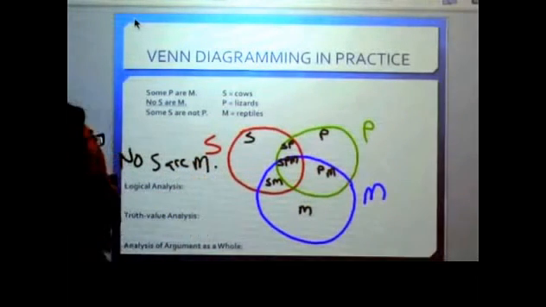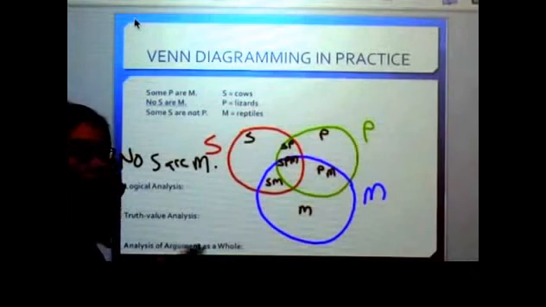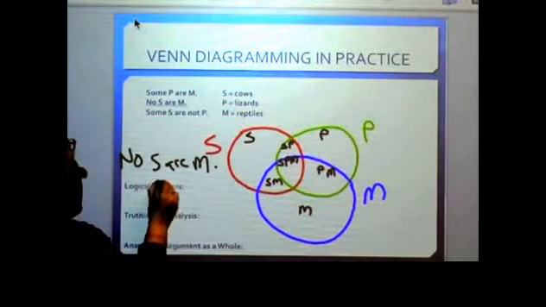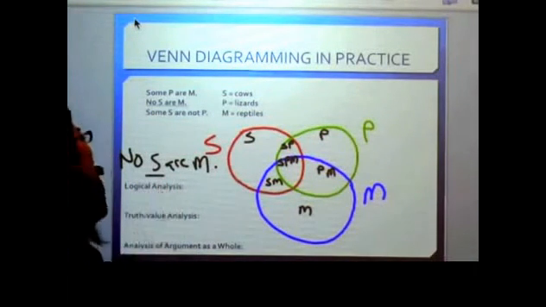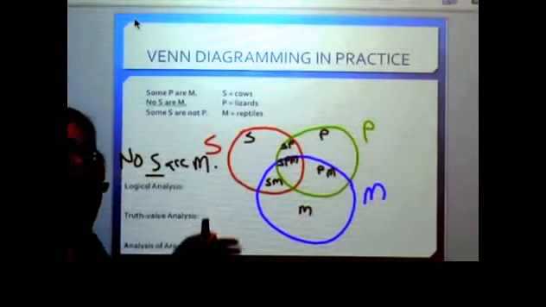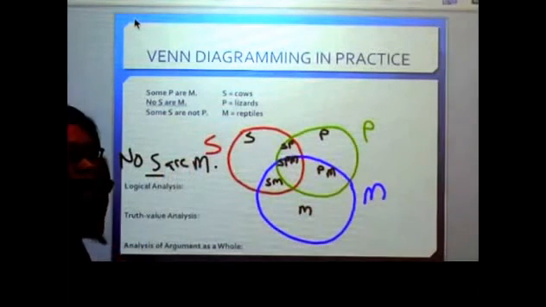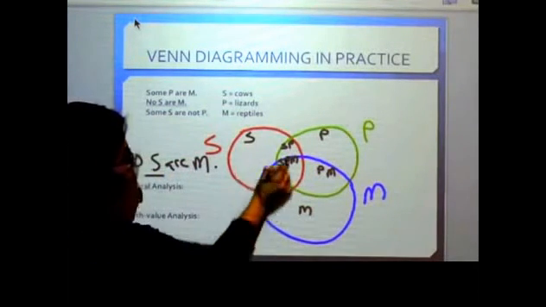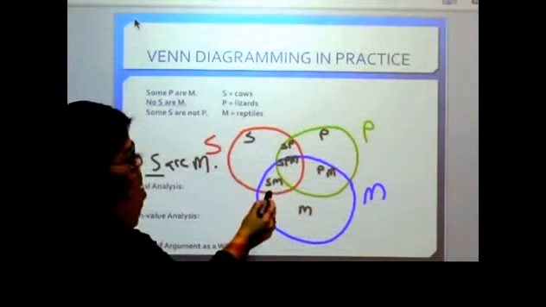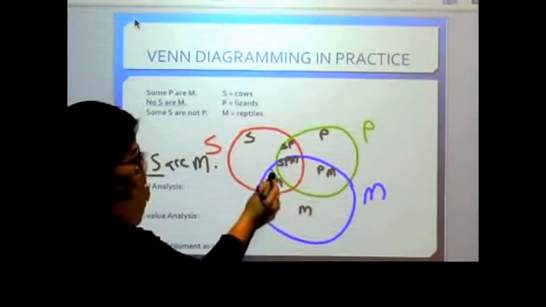Now we're going to go ahead and do all our work in the circle that represents the subject term of this statement, which is the S circle, okay? And this statement says no S are M. So what does not exist according to this statement are all those things that are S's and M's, okay? So here in the S circle, we have this area here that represents things that are S's and M's, so that doesn't exist.